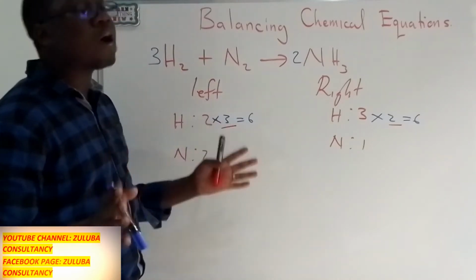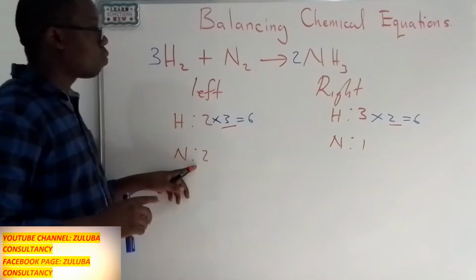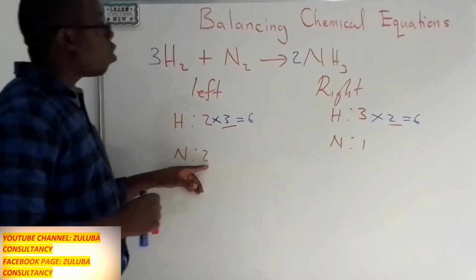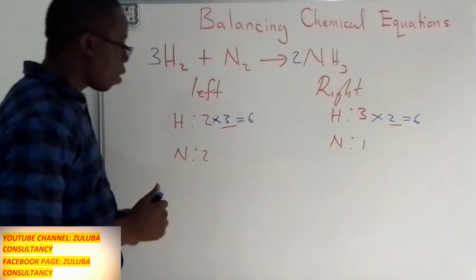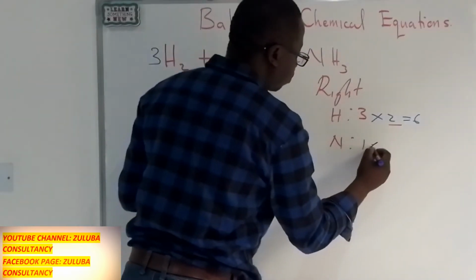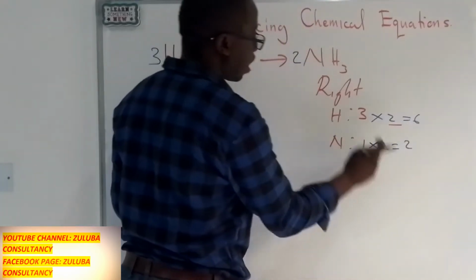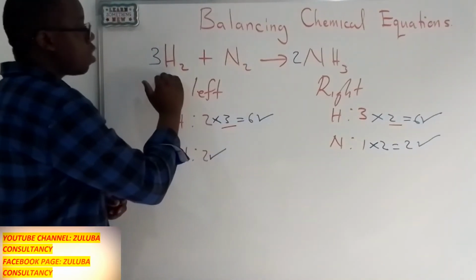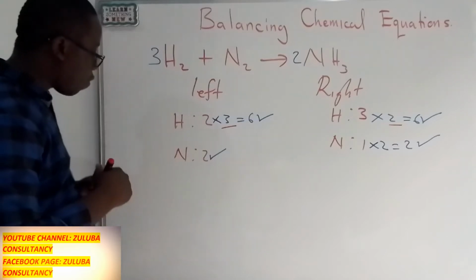So hydrogens are balanced. Let's look at now nitrogens. For nitrogens, on the left side we have 2, on the right side we have 2 also. So now it simply means there is this multiplying factor which has affected nitrogen. So now write the equation that reflects that the atoms have balanced.